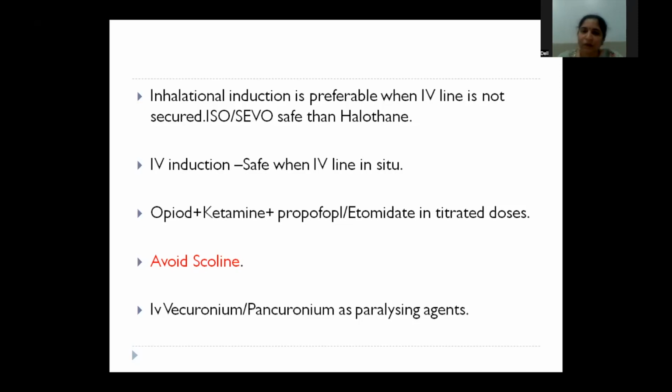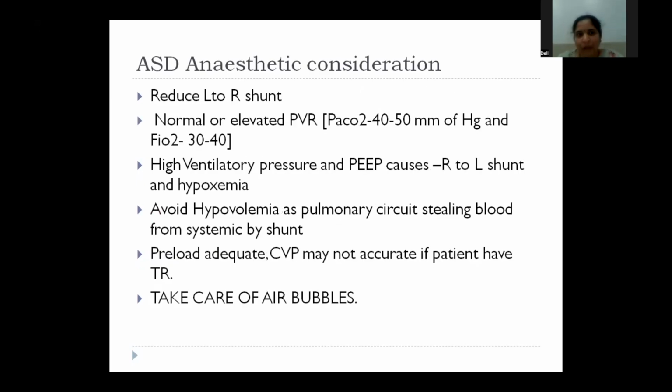Avoid succinylcholine because, as I told you, they have many genetic problems associated with their disease. For muscle paralyzing agents, use vecuronium and pancuronium rather than atracurium, because atracurium has histamine release and hypotension. So better to go with vecuronium, pancuronium.